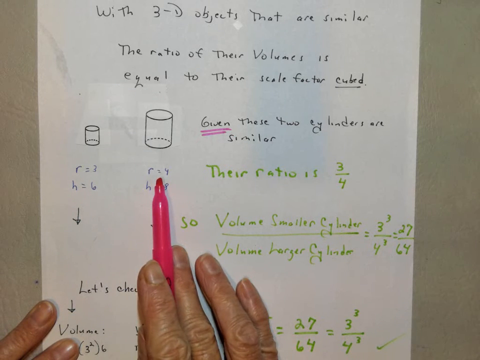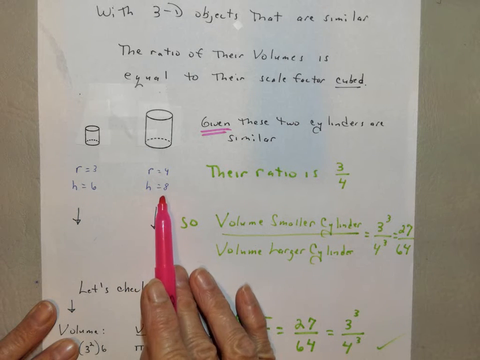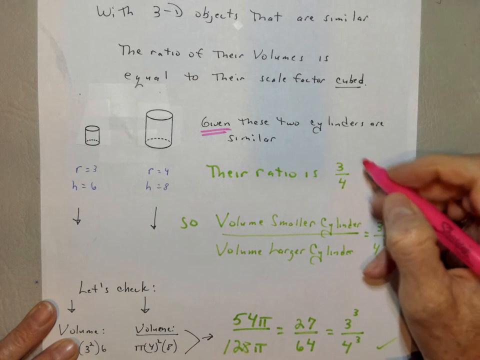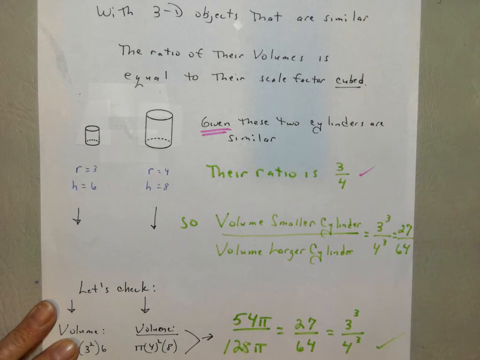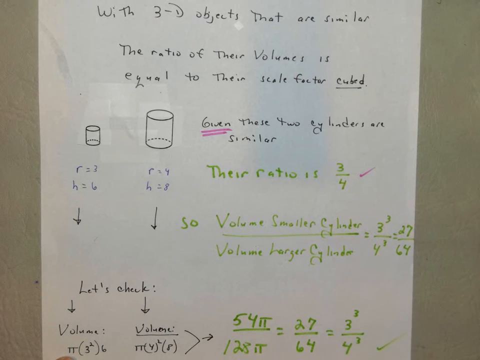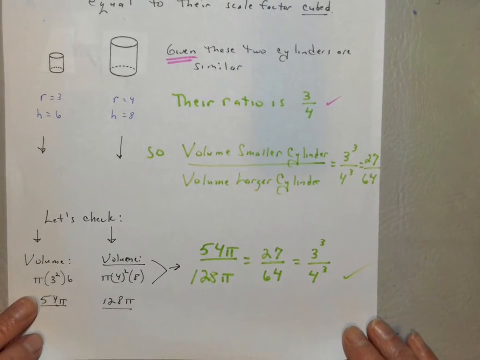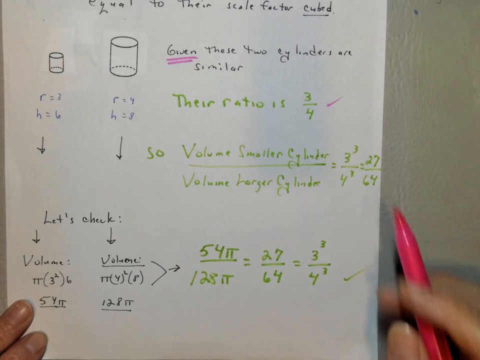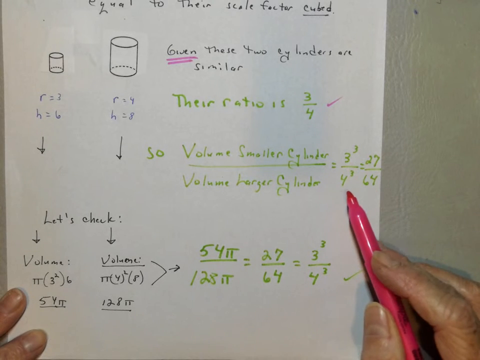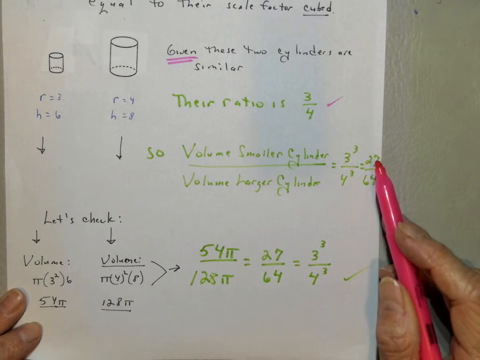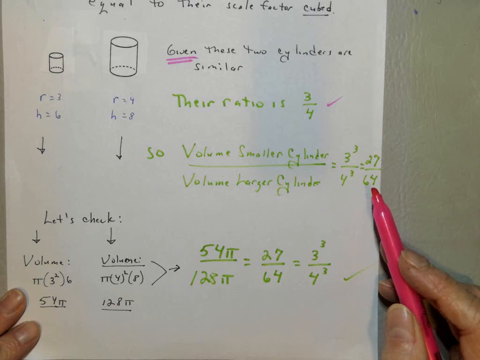The radius is 4 for the second one, and the height is 8. So their ratio is 3 to 4. Okay, very good. So their ratio is 3 to 4. Now, their volumes should be in a ratio of 3 cubed over 4 cubed, which would be 27 over 64.